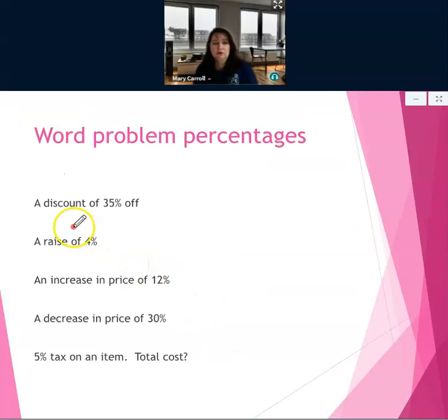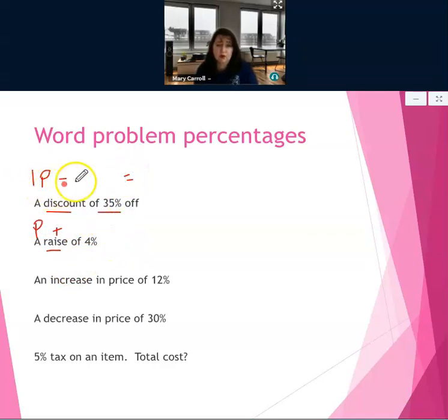Okay, so let's take a look at a discount of 35%. Now that we've done it once, I now want you, without looking at answers, to actually write an expression. All right, for this, we're just going to use a P, okay? Again, discount would be minus, raise would be plus, so you're going to always put the P with it, with whatever it goes with, and then put this in decimal form and then solve it.